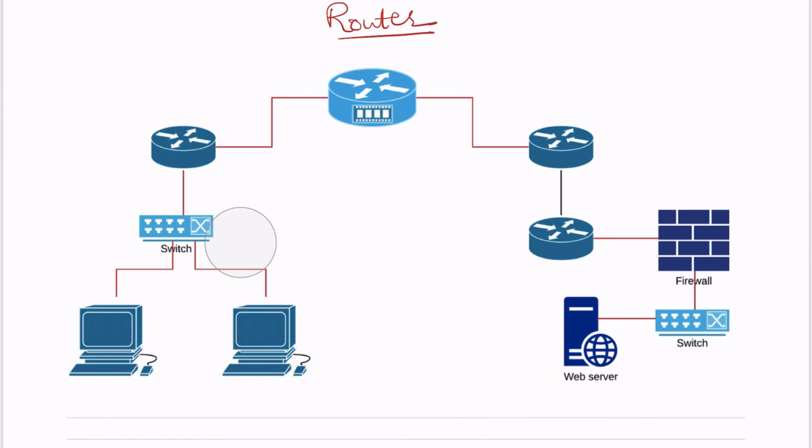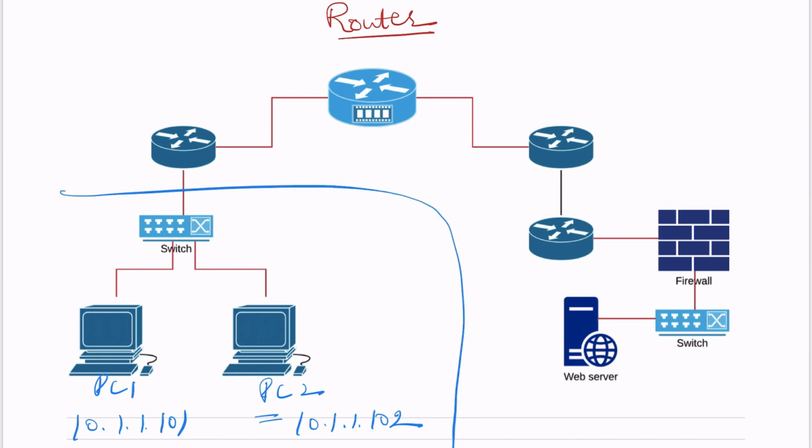And one most important thing: in what case will the router not be used? Let's say this is PC1, this is PC2. The IP of PC2 is 10.1.1.102 and PC1 IP is 10.1.1.101, and these are part of the same segment, same network. If PC1 is talking to PC2, that would mean it is communicating within the network, within the broadcast domain.